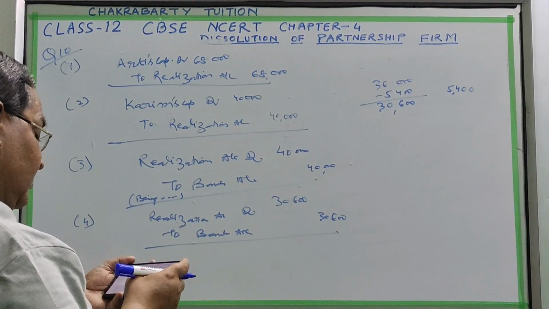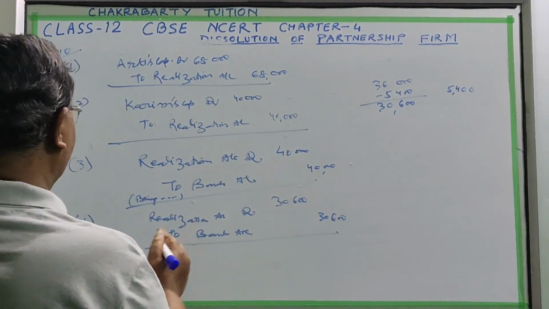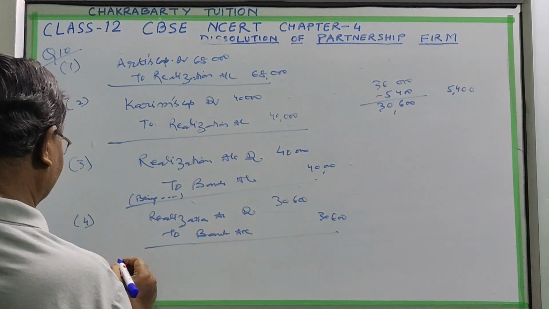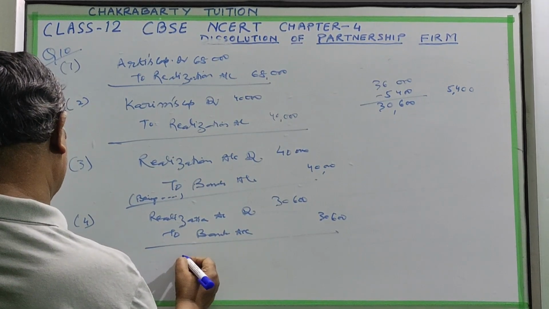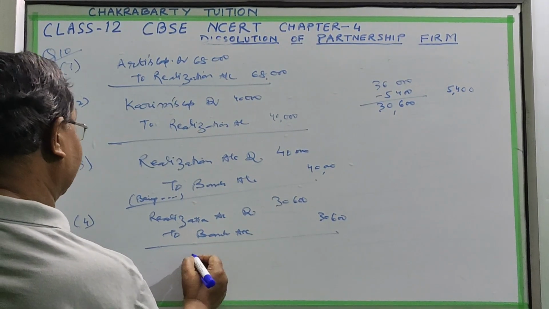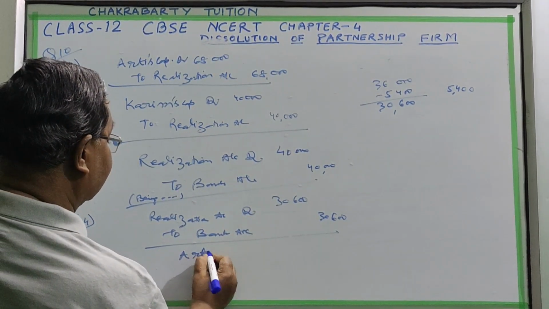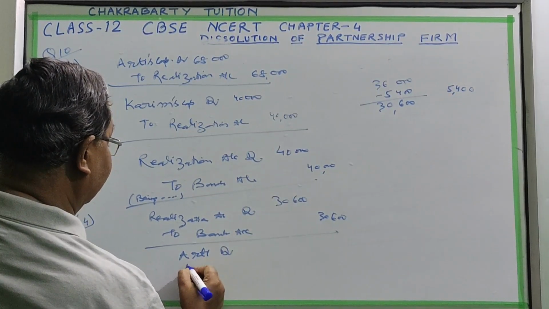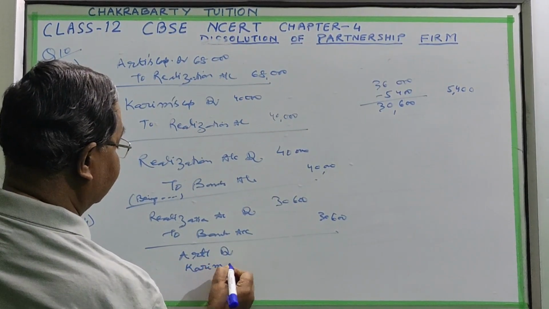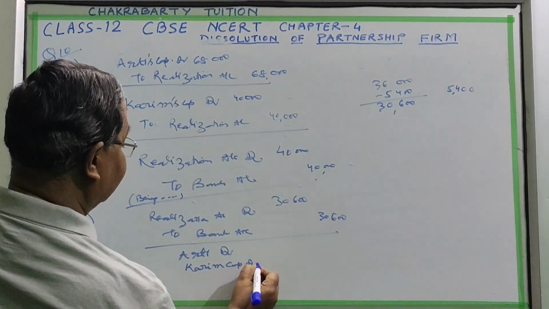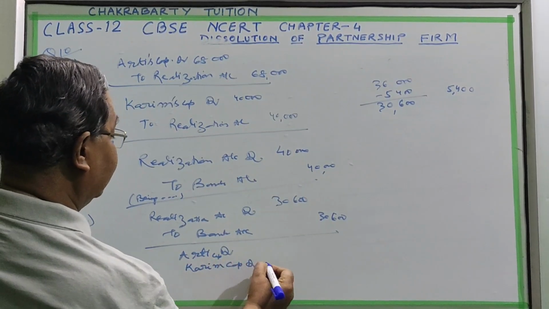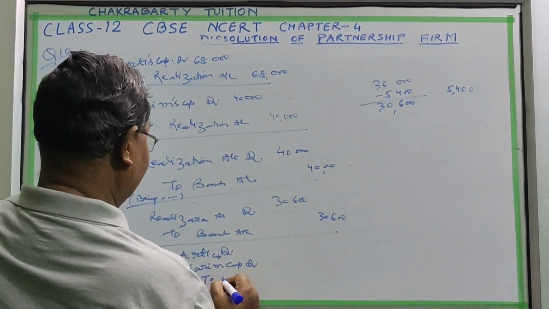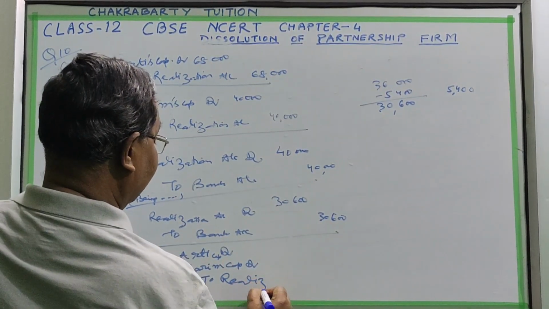Okay, loss of realization transferred to them. Fifth, loss is transferred, so their accounts will be debited. Aarti and Karim. Aarti's capital account debit, Karim's capital account debit to realization account. Loss transferred in profit and loss ratio.